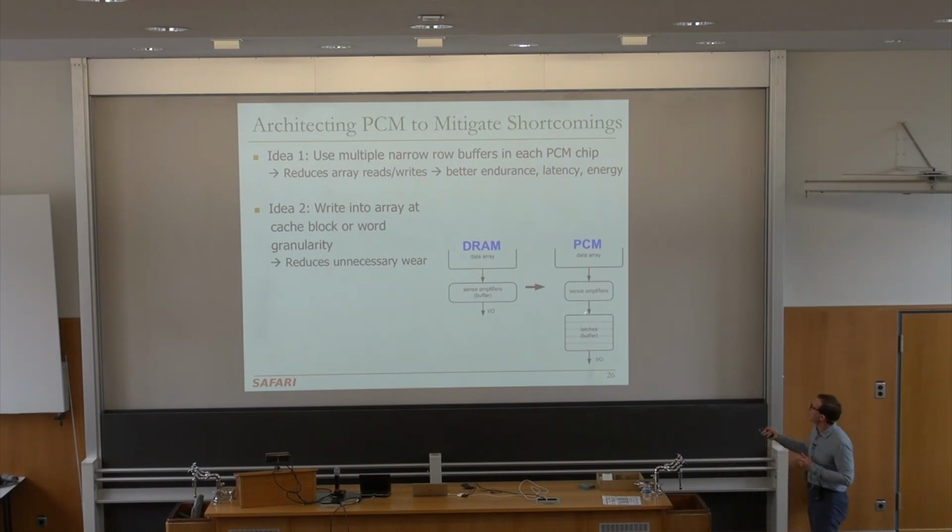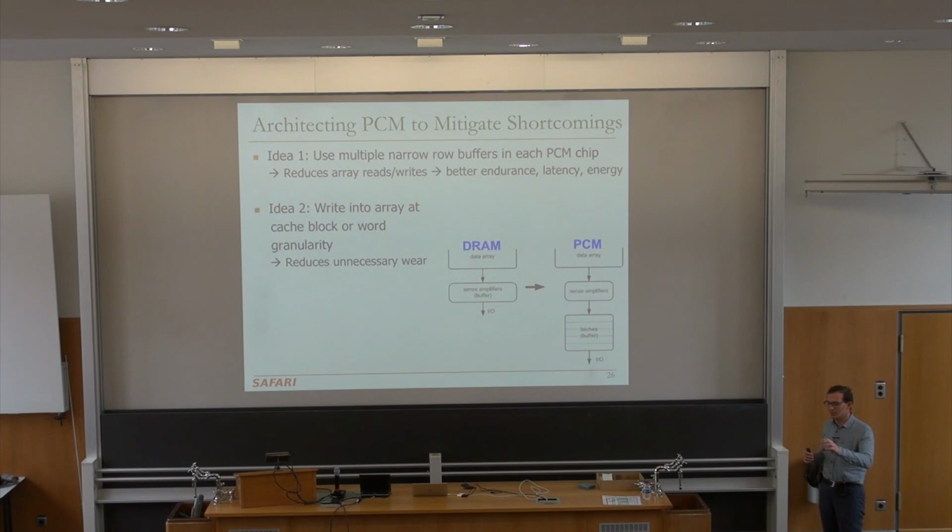If you actually do that, you reduce unnecessary wear. Basically, you don't write to all of the cells in the row, you write to some of the cells in the row. That's the idea over here. And that's good. Actually, Samsung had a bunch of phase change memory chip prototypes where they did it internally in the chip. What they did was, every write was a read modify write.